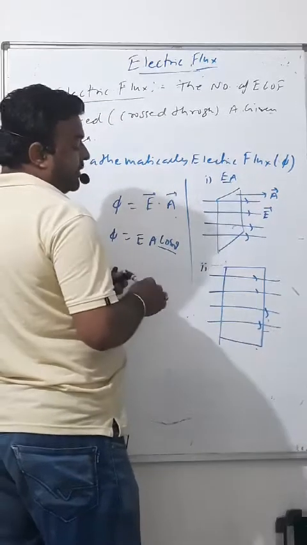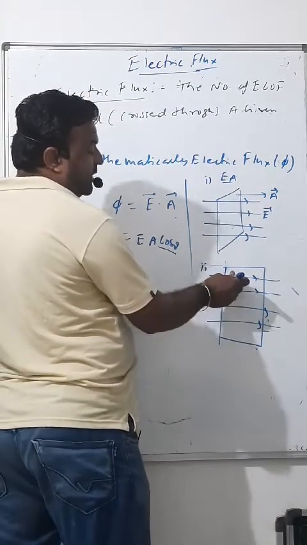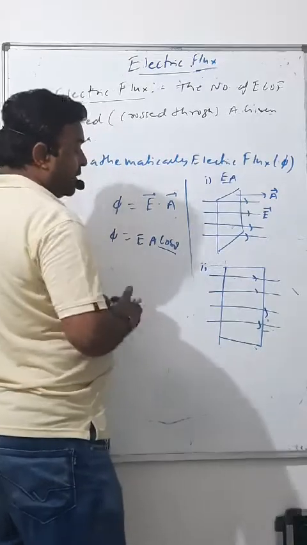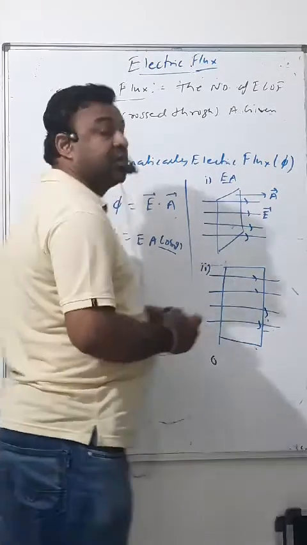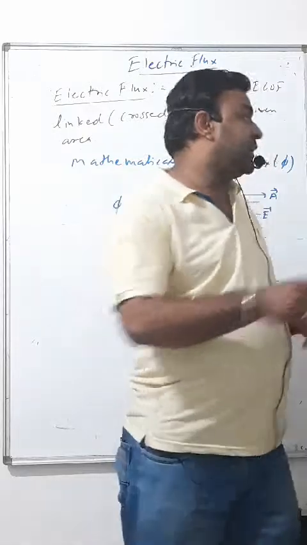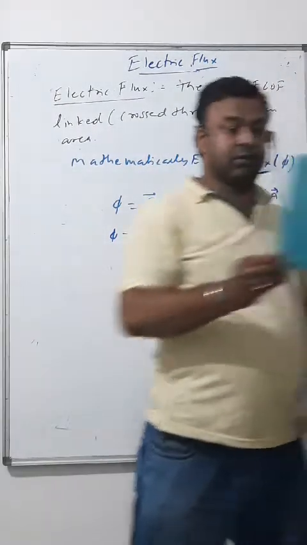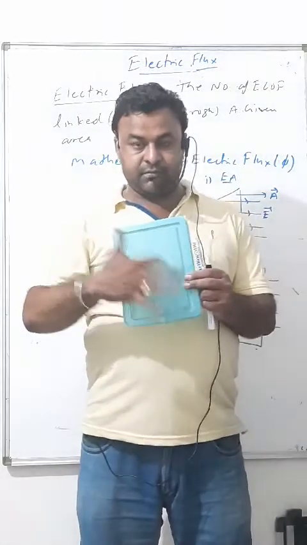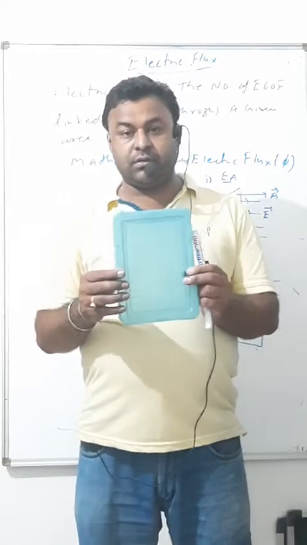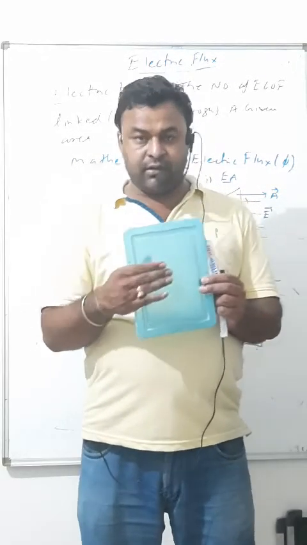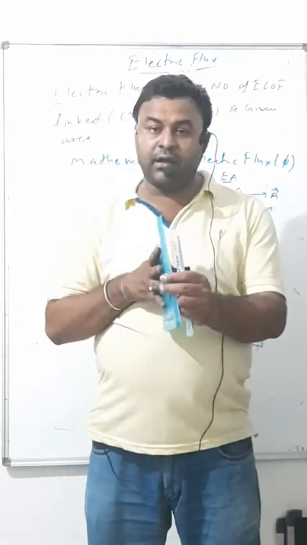Here the angle between area and E is 90 degrees. Cos 90 is 0. Here flux will be 0. These are the two examples. As I gave you the example of flowing water through this particular section. Now at 0 degree it is maximum, at 90 degree it is minimum.